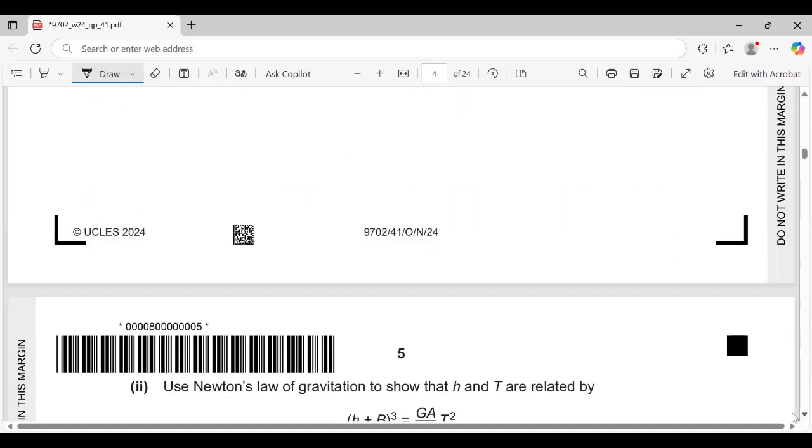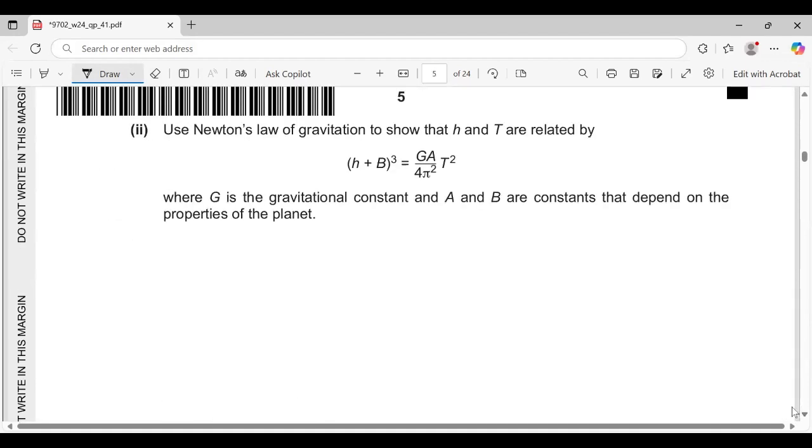Next question, use Newton's law of gravitation to show that h and T are related by this equation, where G is the gravitational constant and a and b are constants that depend on the properties of the planet. Okay? The gravitational force acting between the satellite and the planet provides the centripetal force that keeps the satellite in orbit.